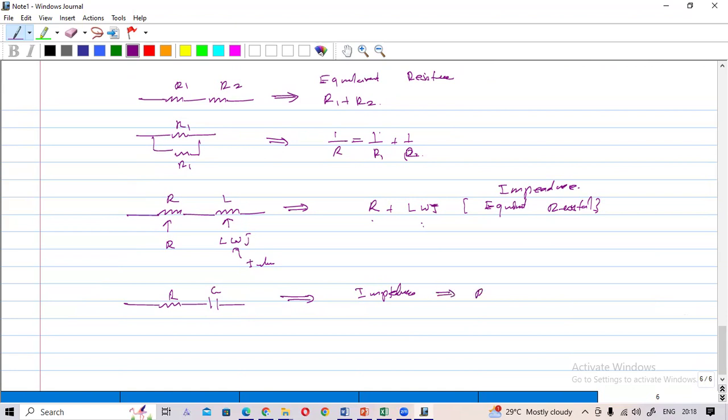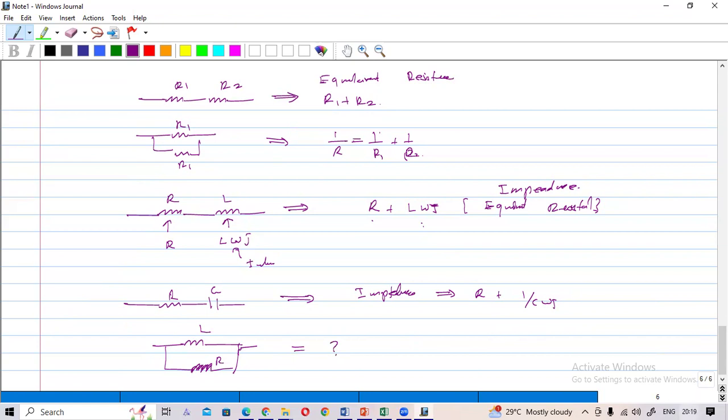This impedance is R plus, this impedance is, yes, 1 over C omega J. Now if we have an inductor with a resistor connected in parallel, let's say that this is L and this is R. Maybe you can try to find the impedance here.